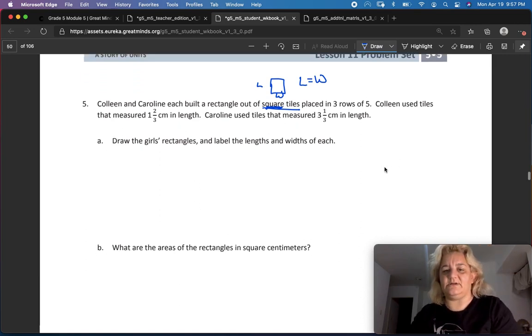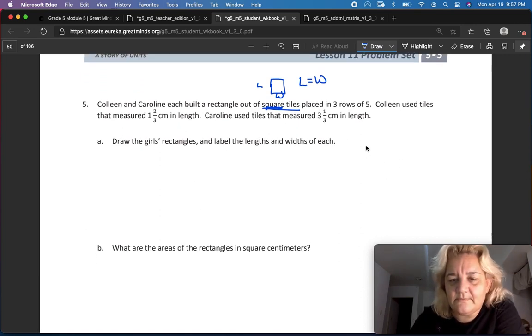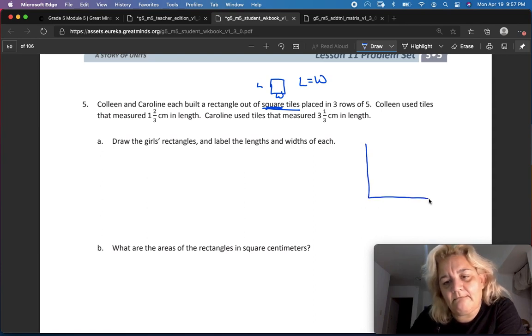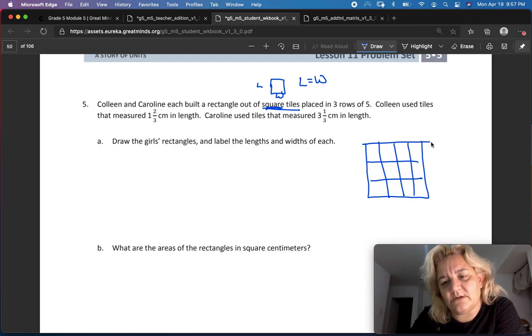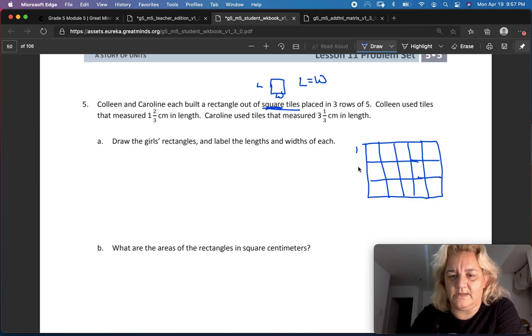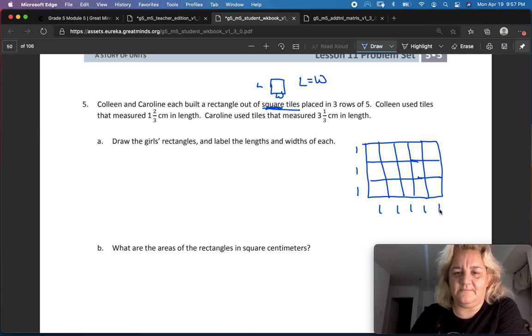I'm going to go ahead and draw that here. 3 rows of 5. Okay, I'm just going to draw one more in there. So we have 1, 2, 3 rows and 1, 2, 3, 4, 5 columns, or our length is 5 and our width is 3.